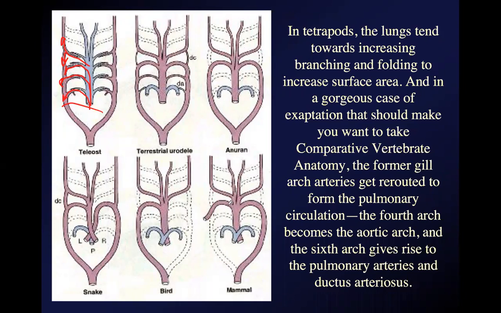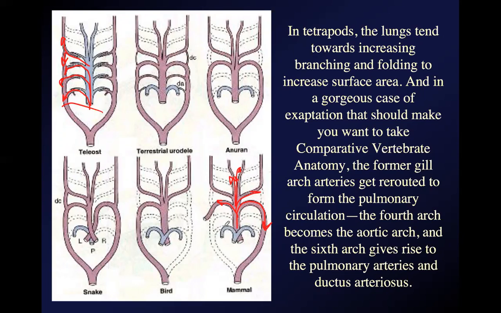What used to be the fourth gill arch's arteries becomes your aortic arch, right? That's your aorta. You've heard of that, right? That's the main blood vessel, main artery that leaves your heart and branches to your arms and to your head. All right, that's your fourth gill arch, or it was when you were a fish.